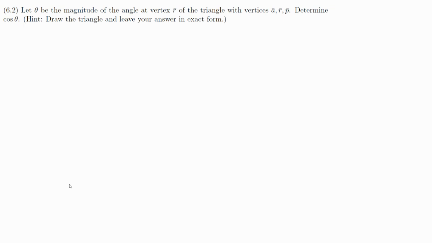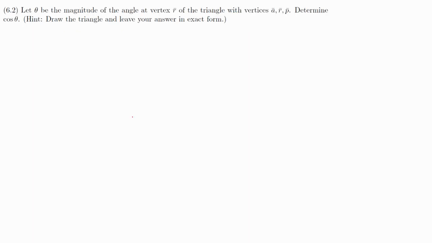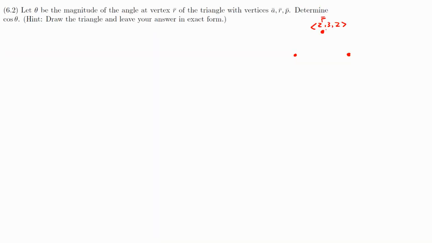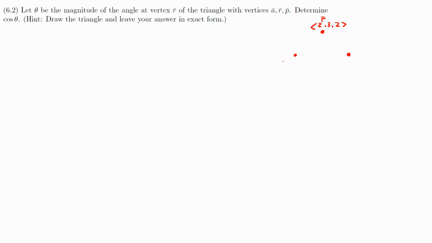Now 6.2, let theta be the magnitude of the angle at vertex R. Okay, so this is the point where they actually intersect, with vertices ARP, so we have vertices ARP, and R we have as 2, 3, 2. This is vector R, and then A they gave us as well is 4, 5, 2.